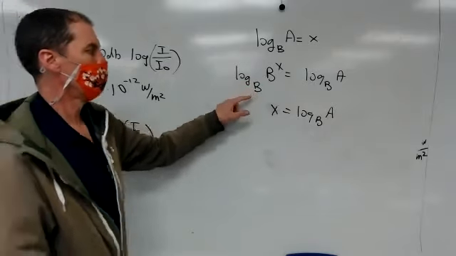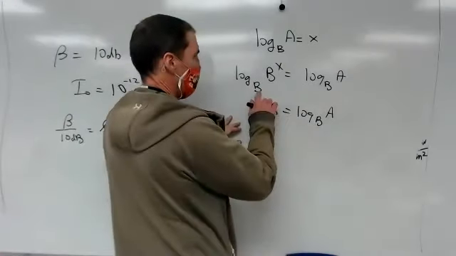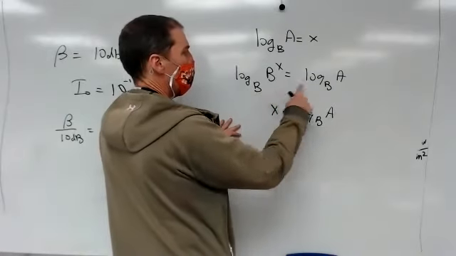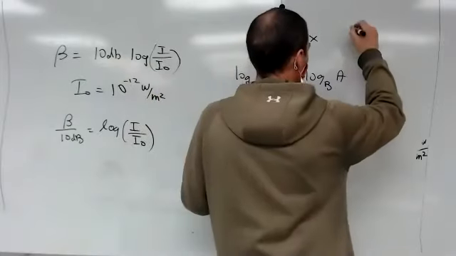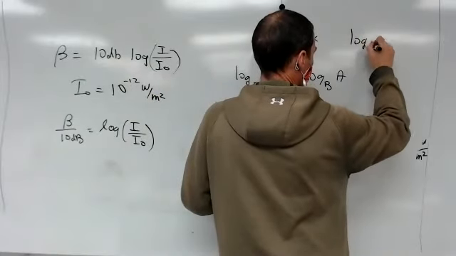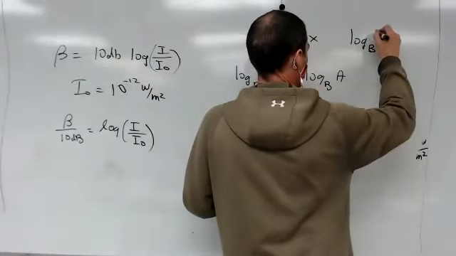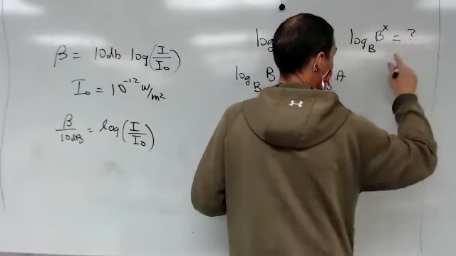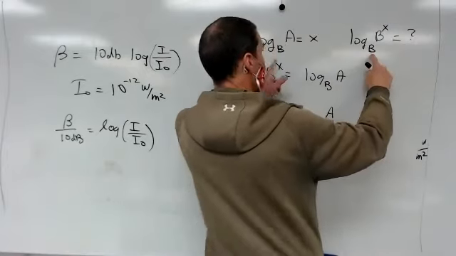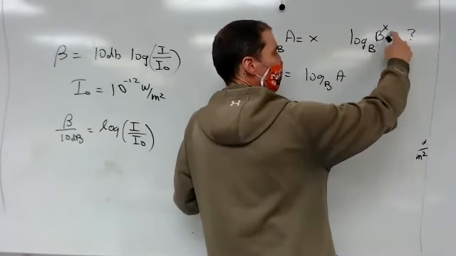So this is saying 10 to what power is equal to 10 to the x, right? If I say log base b of b to the x is equal to question mark, what I'm saying is b to what power is equal to b to the x?